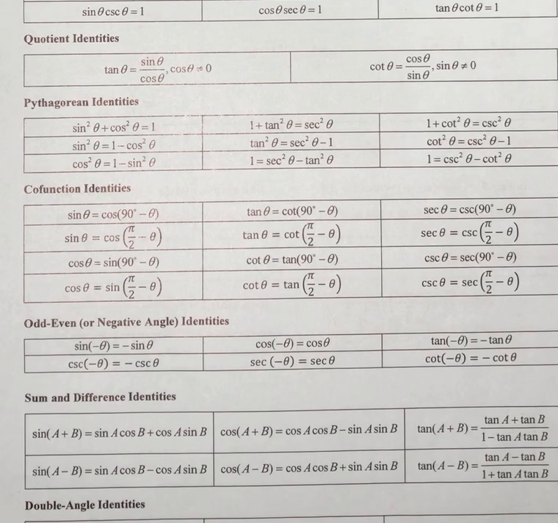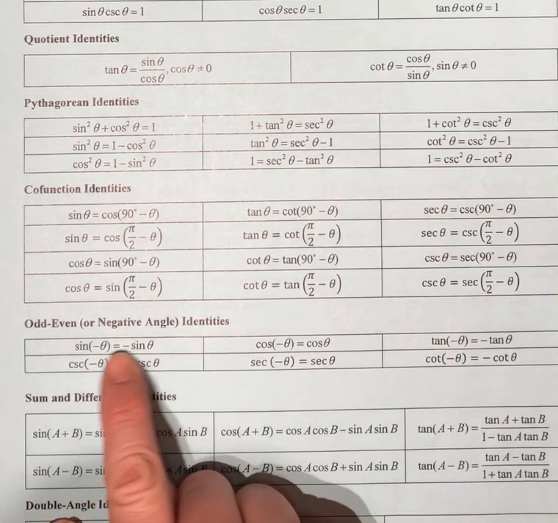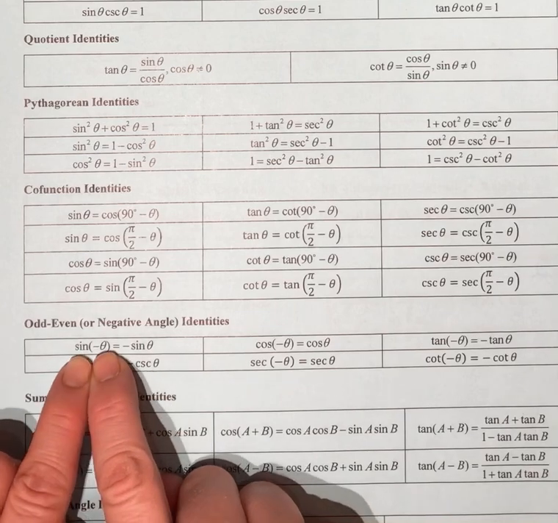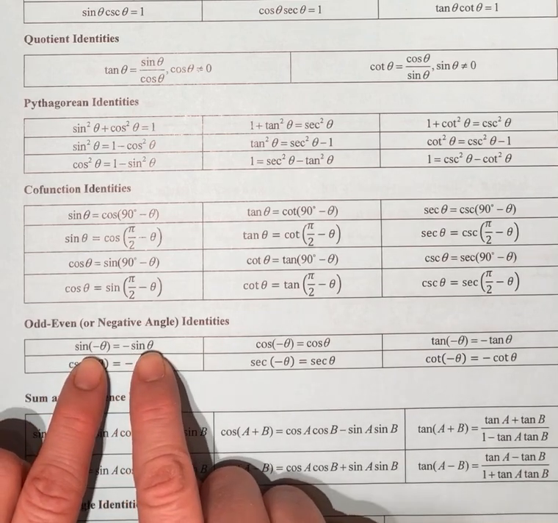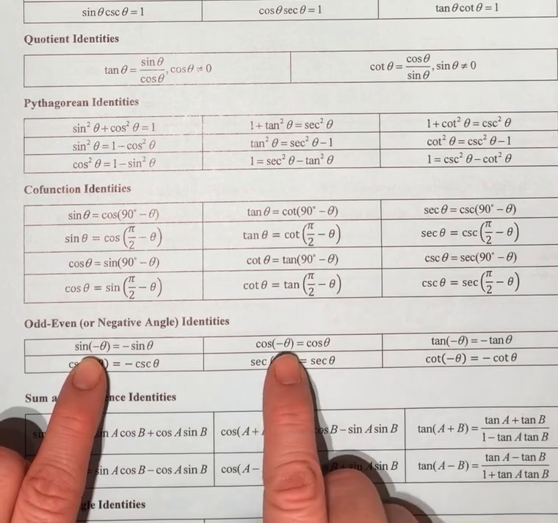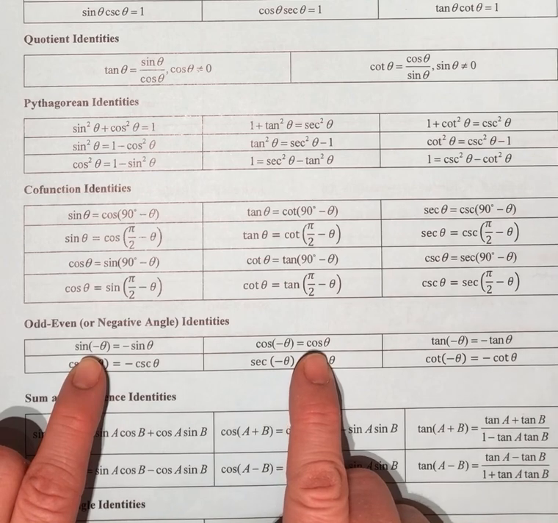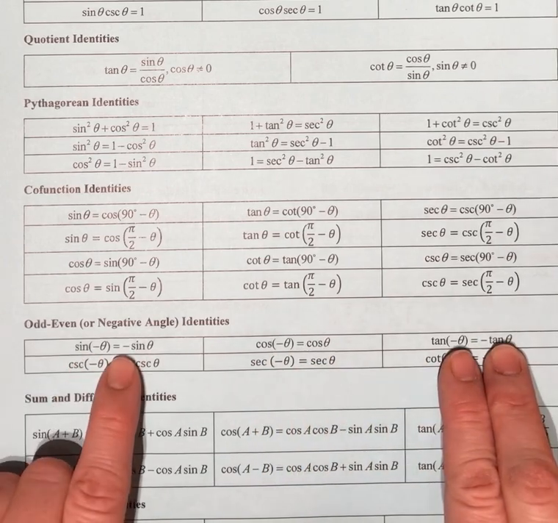Quadrant 3, tangent is positive, and then quadrant 4, cosine is positive, okay? And so what ends up happening is if you take the sine of a negative angle, it's the same as the opposite of the sine of a positive angle, okay? Cosine, it's the same, okay? If I have the cosine of a negative angle and the cosine of the angle, they're the same sign. And then tangent, again, is just like sine.